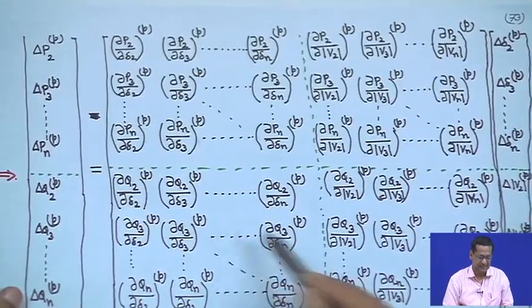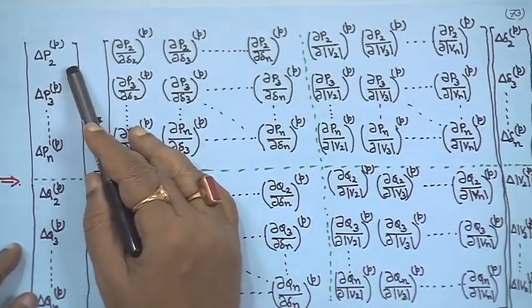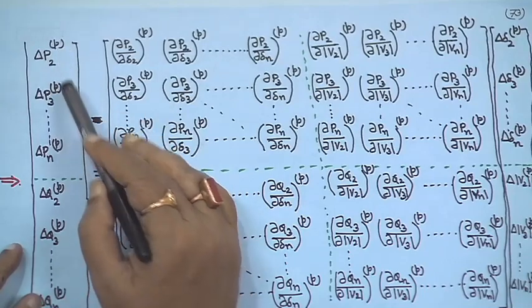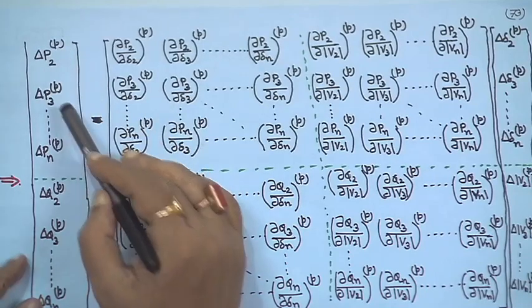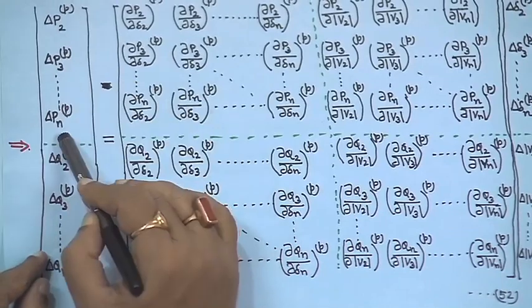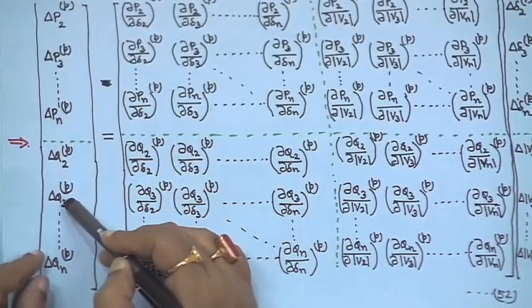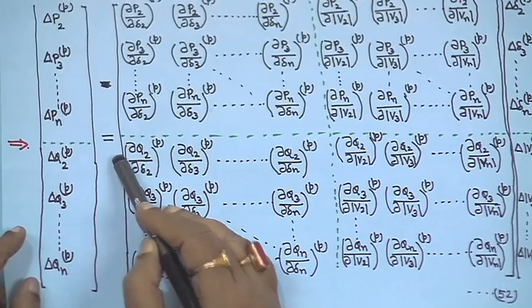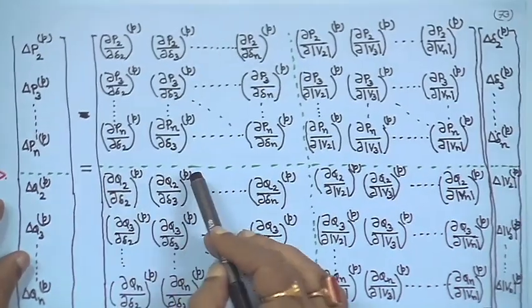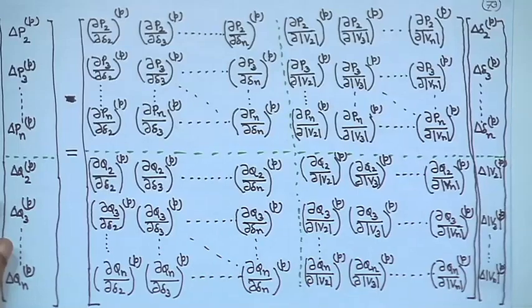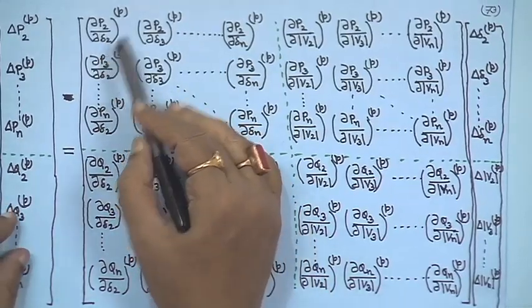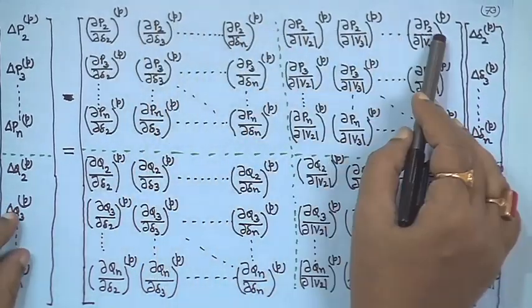If bus 1 is the slack bus and p is the iteration count, it will be delta P 2 p, delta P 3 p up to delta P n p, this is the delta P part, the mismatch, and delta Q 2 p, delta Q 3 p up to delta Q n p is equal to, look at this matrix, right. This is delta P 2 upon, where p everywhere means iteration count.